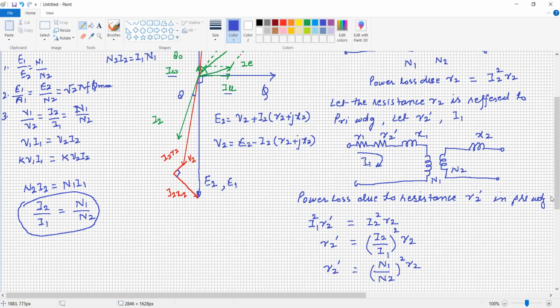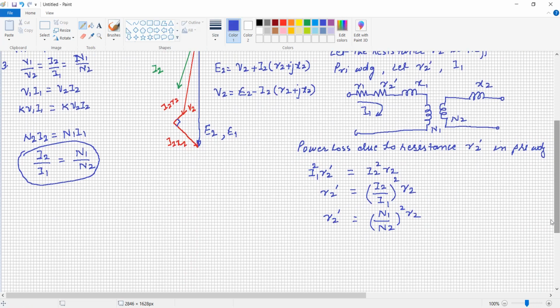Similarly, we can refer the reactance the same way. We can refer the reactance as X2 dash equal to N1 upon N2, bracket square, into X2.